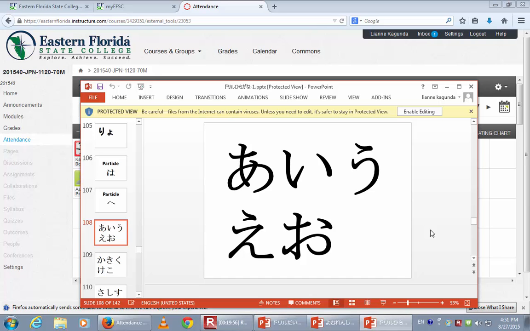Nisai would be 2 years old. So you can take whatever number and add sai on the end, and that means that you're that number years of age. Okay, so if you've got a younger sibling who is, say, 11, 11歳. Or if they're 12, 12歳. If they're 13, 13歳, and so forth. If you're 23, 23歳. Okay, and there are a few pronunciation shifts and oddities, which we'll talk about later.